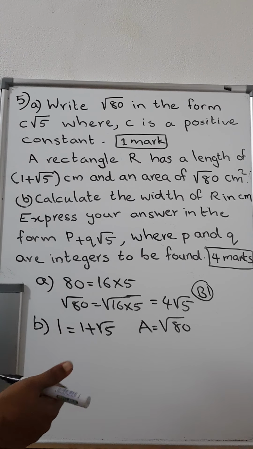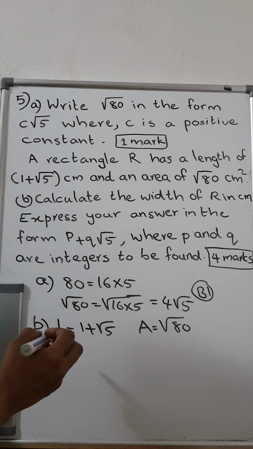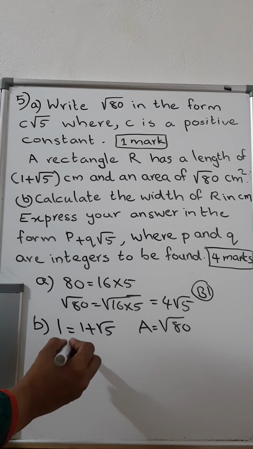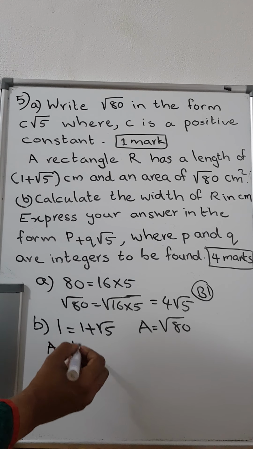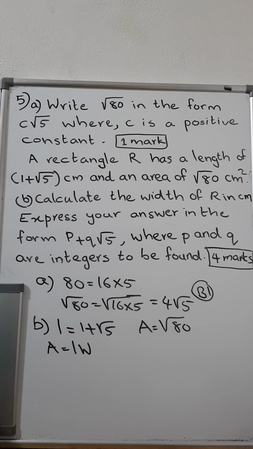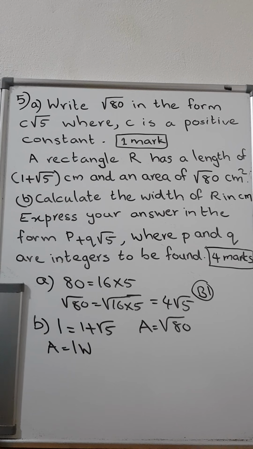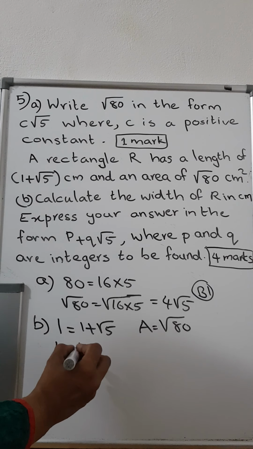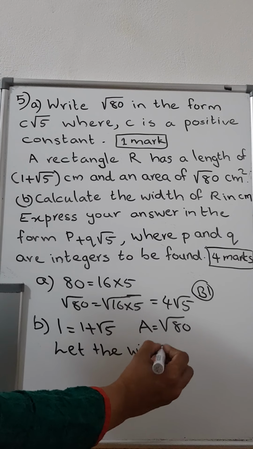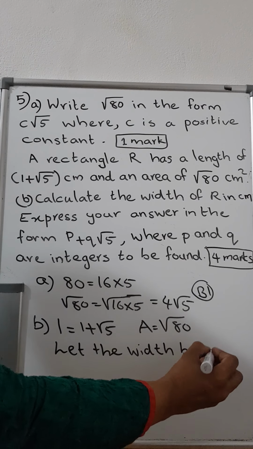Now you see, the area of a rectangle is length times breadth or length times width. So we can write, let the width of the rectangle be x.